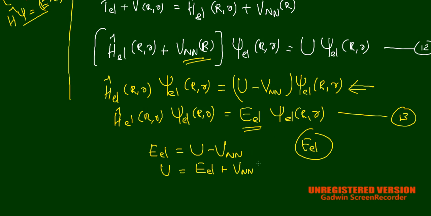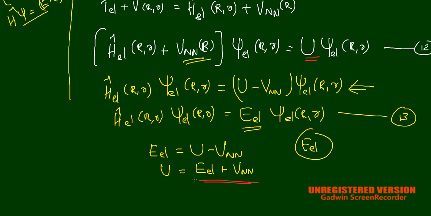Then you can add Vnn to this E electronic, and you will get U, right? So instead of getting the value of U by solving this big equation 12, you can solve the shorter equation, equation number 13, and add Vnn to E electronic. Then you will get the value of U. That's what we can understand from here.